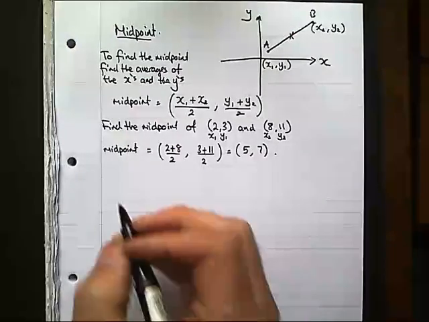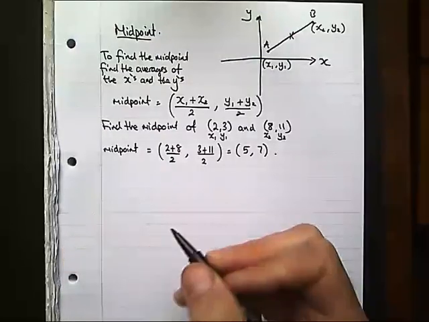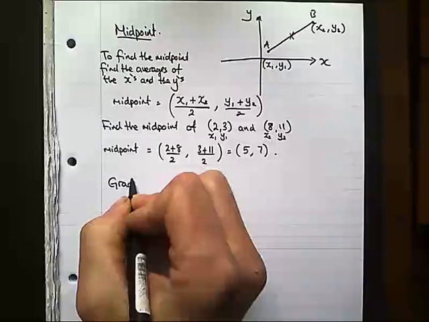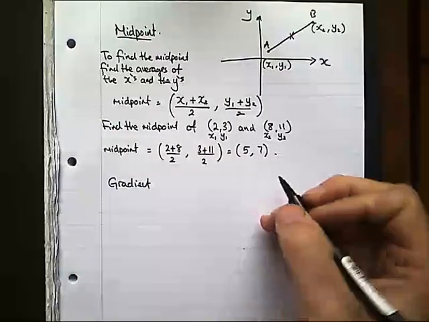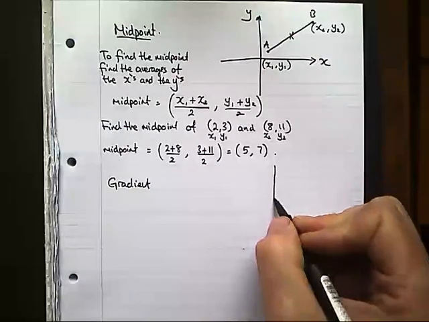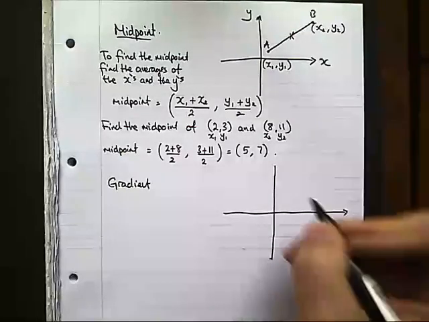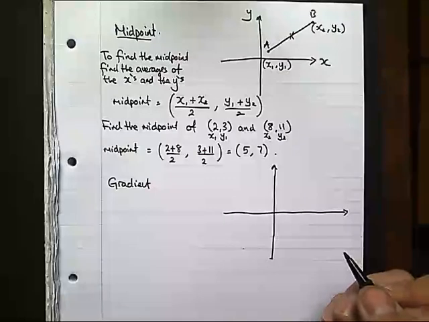Okay, so let's have a look at something else we can do when we get given 2 coordinates. Okay, the gradient. So let me draw a quick sketch. Sketch means it doesn't have to be completely accurate.